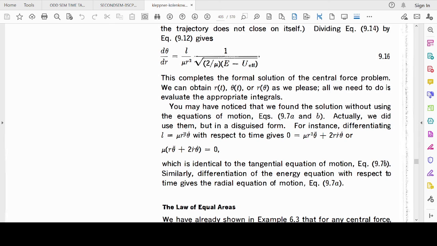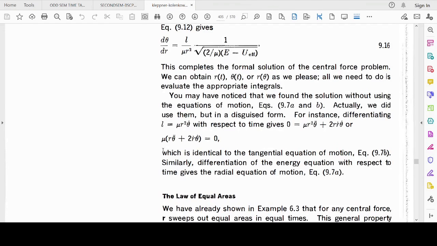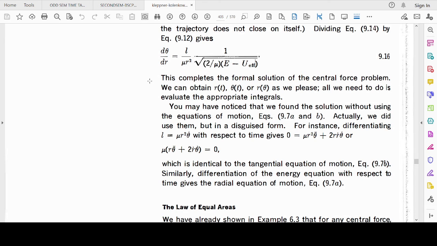So 2r r dot theta dot is the value. Taking mu common, r theta double dot plus 2 r dot theta dot is equal to 0. Here you got the equation which is identical to the tangential equation of motion. Similarly, differentiation of the energy equation with respect to time gives the radial equation of motion. So this is the solution of the central force motion.